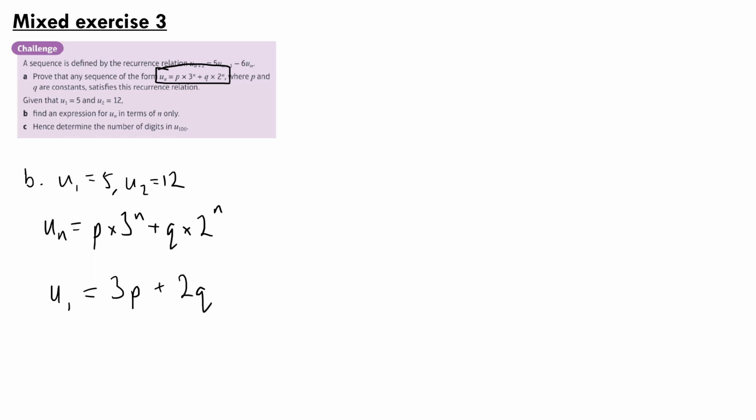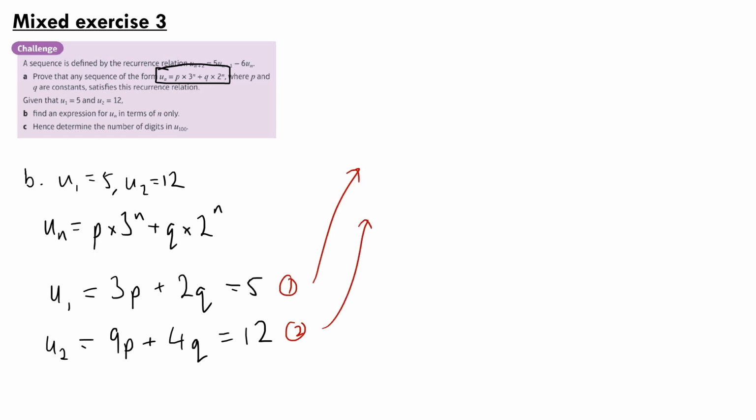And doing the same for u_2, we have u_2 is equal to p times 3 squared, so 9p, and q times 2 squared, which is 4q. And u_1 equals 5 and u_2 equals 12. And now we have two simultaneous equations in p and q, which we can solve. And I think the easiest way to do that here is to take equation 2 and take away 2 lots of equation 1 to cancel the q's.